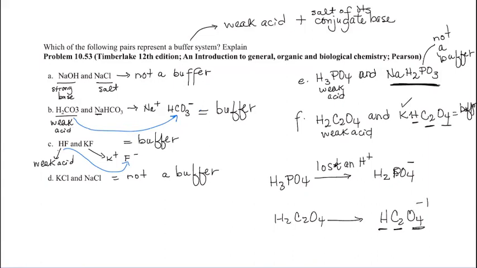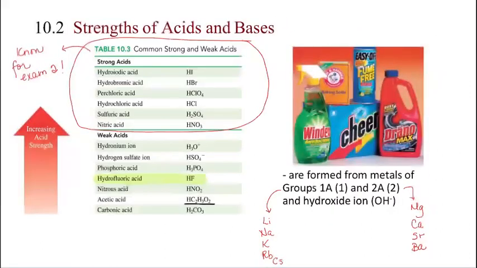In the list of common strong and weak acids, that's not listed. Does that matter? Of course, because I taught you guys, this is why, out of that list, and thank you for bringing it up, I told you guys from this, look at what I highlighted, not the strong acids.